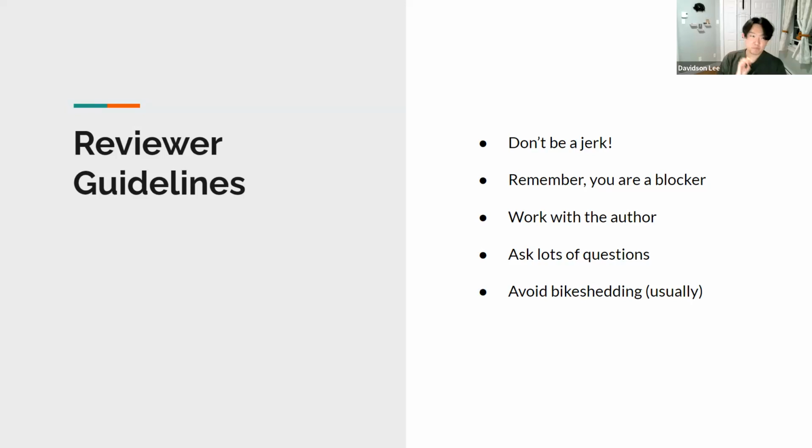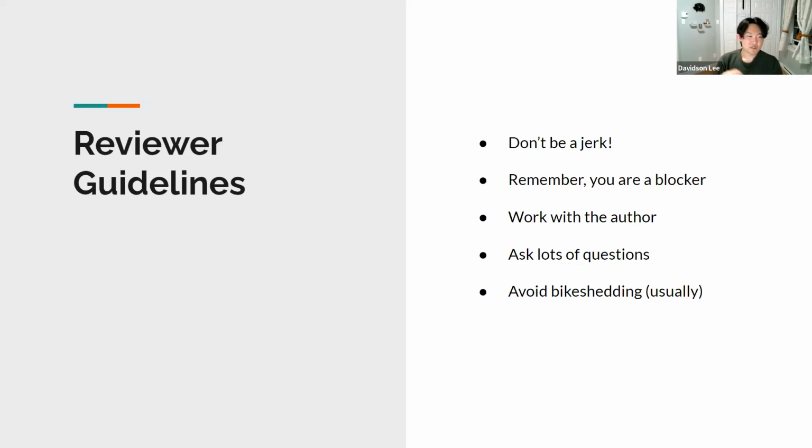Finally, avoid bike shedding. It's a piece of jargon, which essentially means avoid talking about things which don't really matter at the end of the day. There are things which are material concerns, right? This would be like performance of the code, or whether it actually solves a problem or not. Something around bike shedding could be, and this is arguable, style of the code.